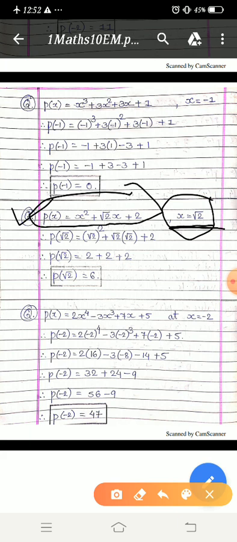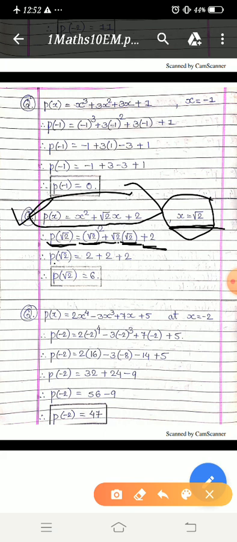So by putting root 2, p of root 2 equals root 2 square, plus root 2 into root 2, plus the constant 2 as it is.